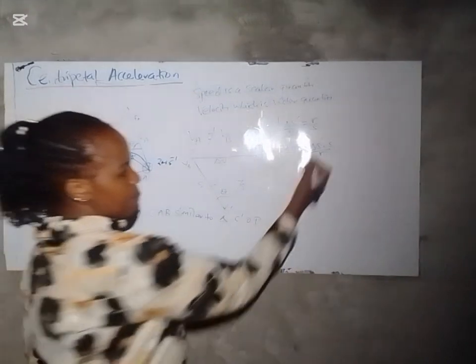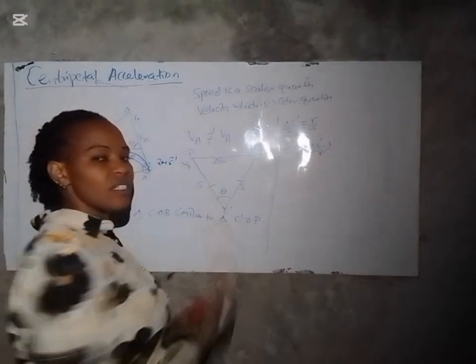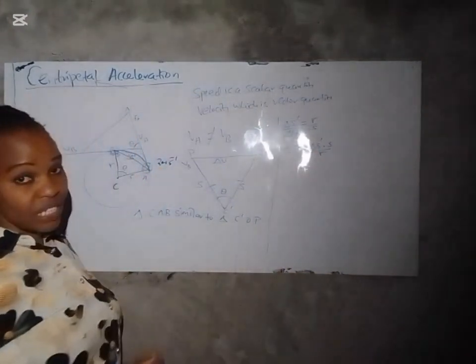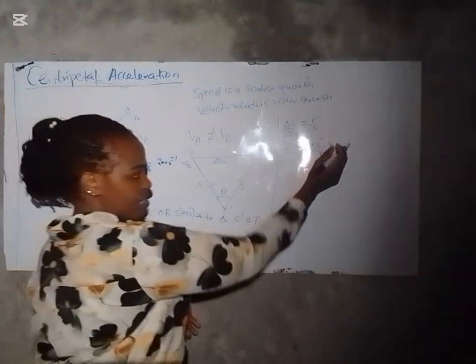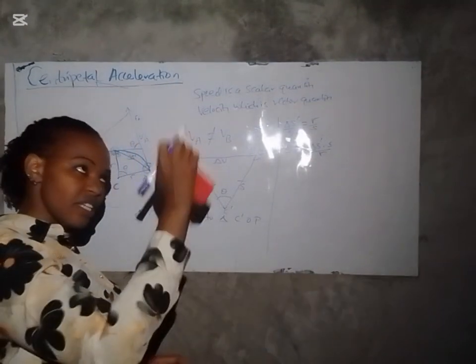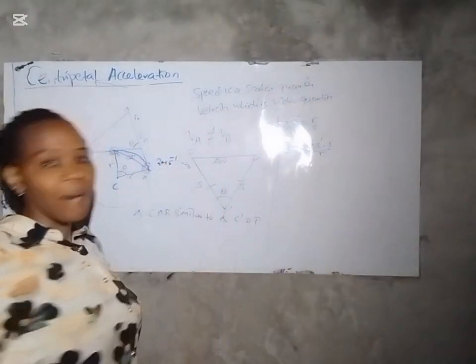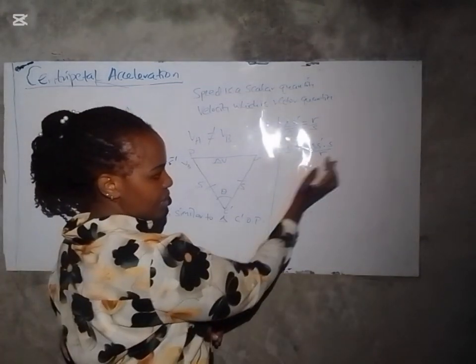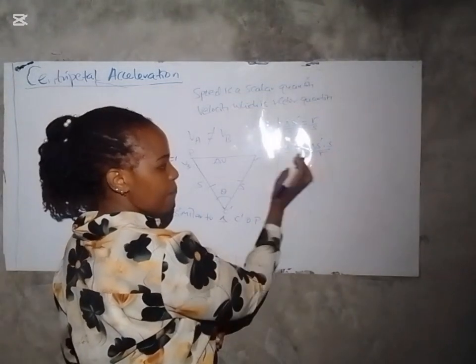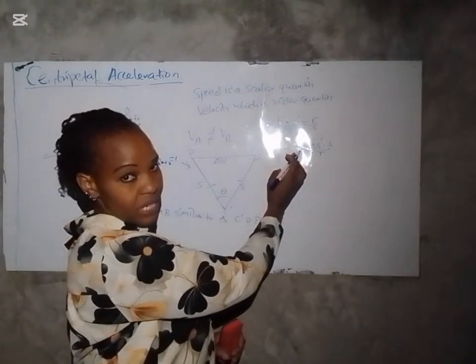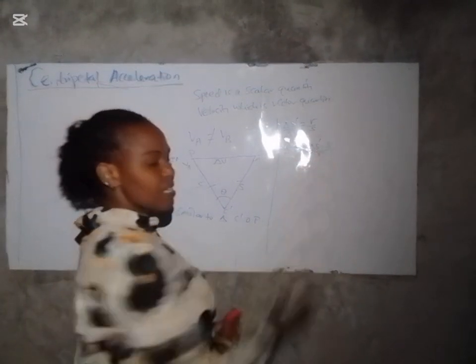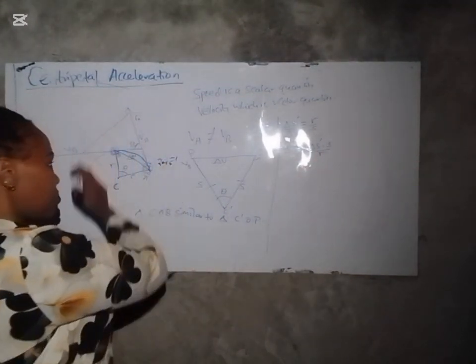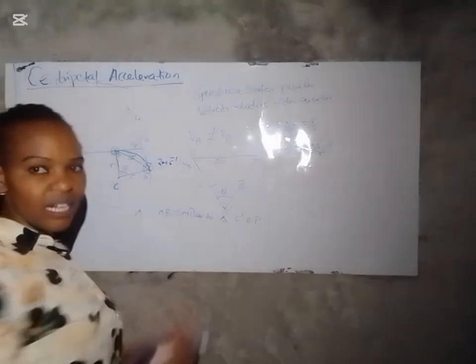Remember, delta V is a change in velocity because velocity is not constant, it is changing. But S is our speed on the circular path, that one is constant, so it's not changing. So R is constant, S is constant, but V is not constant, so we have delta V. S prime is the arc length, is also not constant because as the body goes round, the arc length also changes.